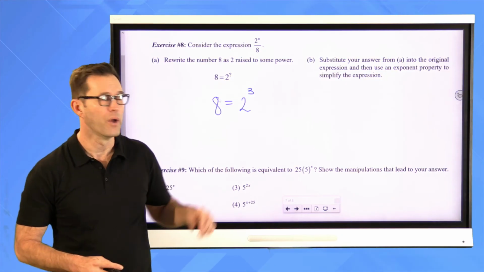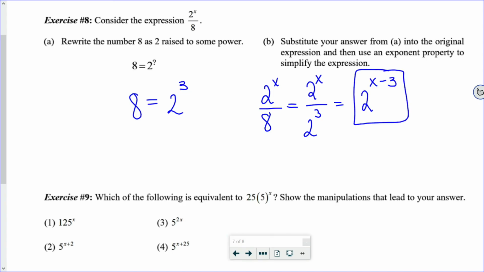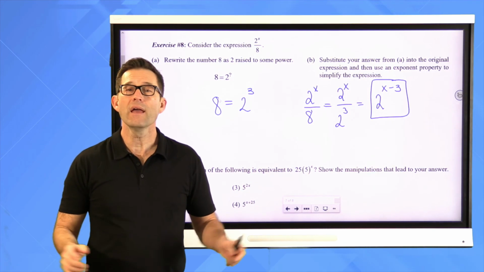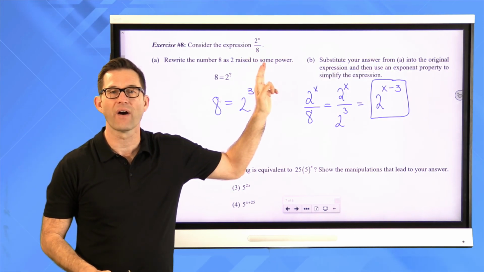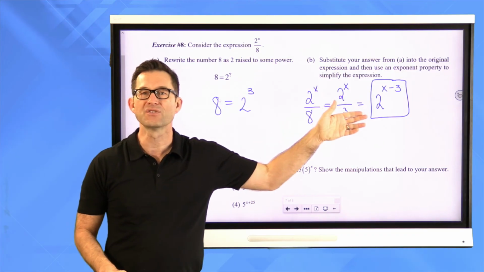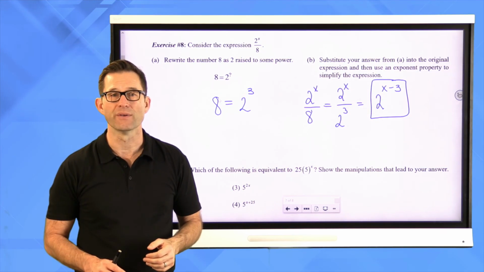All right, well, here we go. 2 to the x divided by 8 is the same as 2 to the x divided by 2 to the third, and that's the same as 2 to the x minus 3. That's it. And again, you could see why perhaps taking an expression like 2 to the x divided by 8 and rewriting it as 2 to the x minus 3 might have some advantages in certain situations.